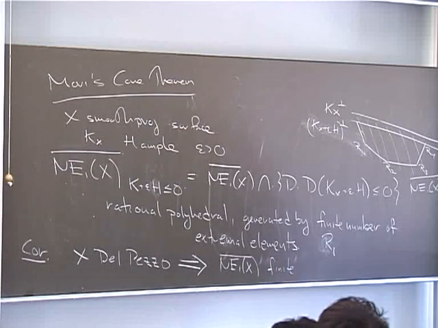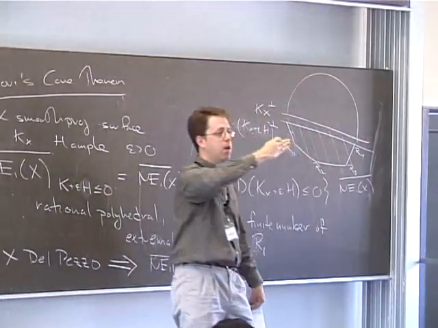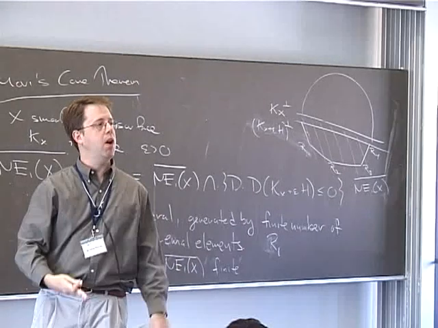Okay. So the picture is that you could have really bad stuff going on up here. It could even be circular in the top part of the picture. But in the bottom part, I can control it.